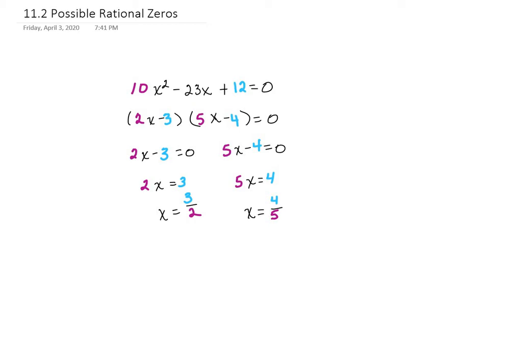All right, so we can kind of come up with a general rule here for what's going to happen with these problems, is that my answers are always going to have factors of the constant as my numerator and factors of my leading coefficient for the denominator.